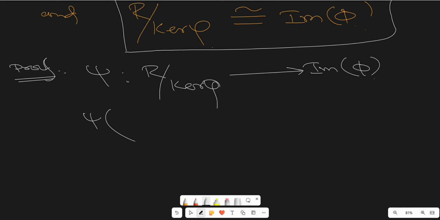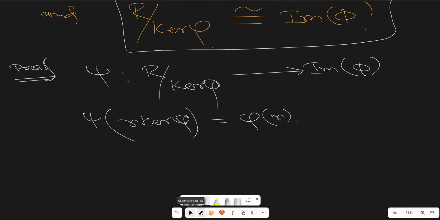How does this map actually look like? Some r plus kernel phi, because these are cosets, goes to phi of r. Are you getting my point? Can you see that this map is well defined, a homomorphism, one-one and onto? That means this is going to be an isomorphism. Are you getting my point?